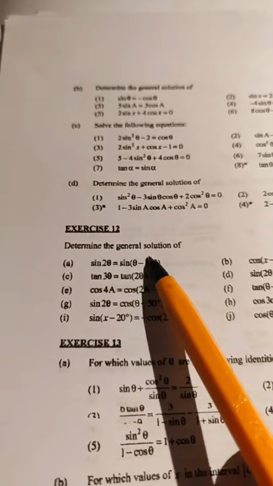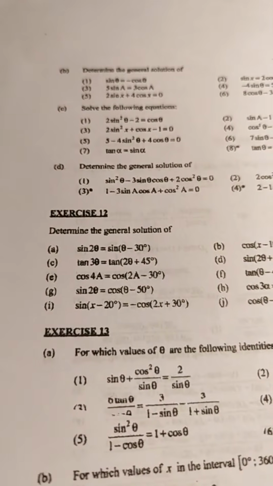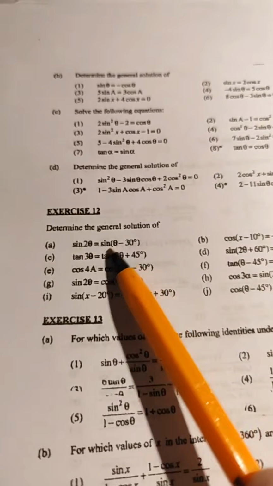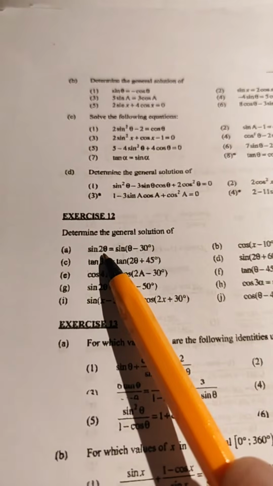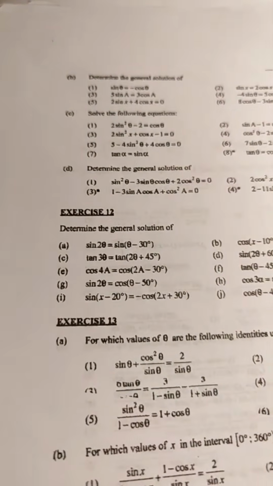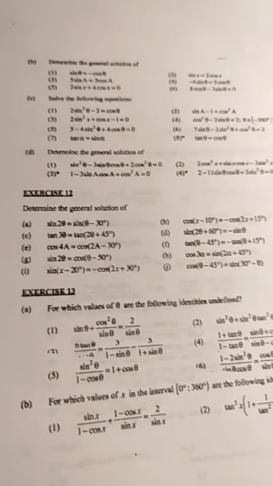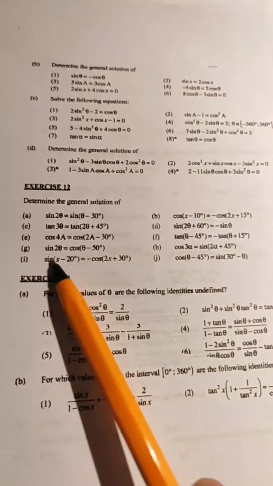Where is sine positive? You can see sine both sides is positive. It's in the first and second quadrant. Then you work with the reference angle being equal to theta minus 80 degrees, because there are different dynamics.